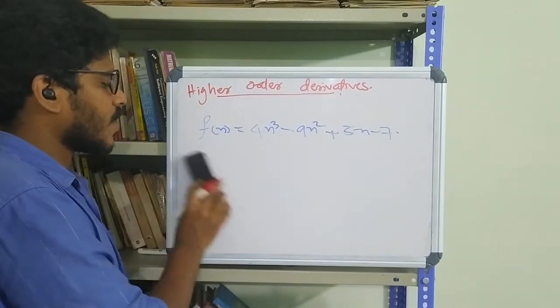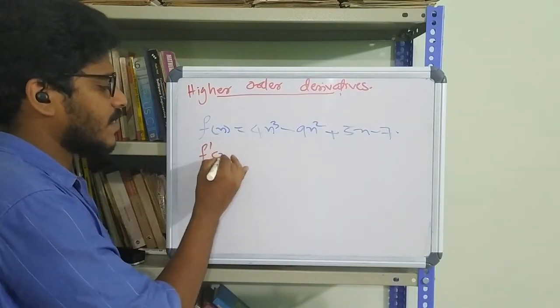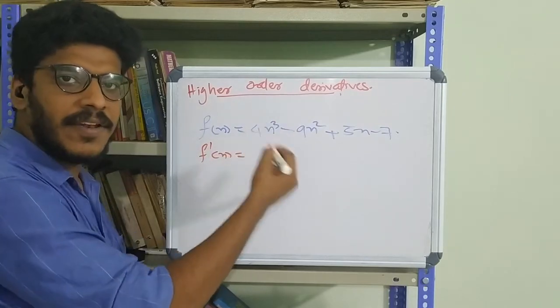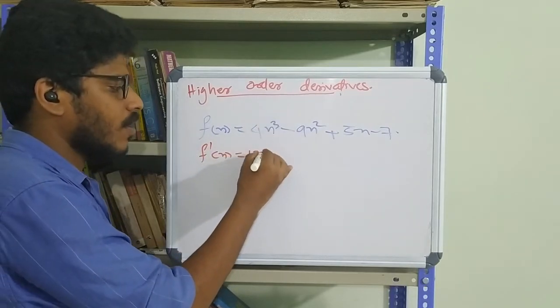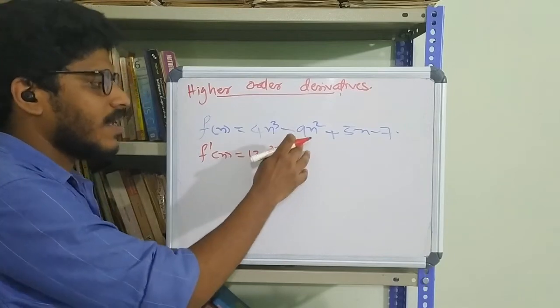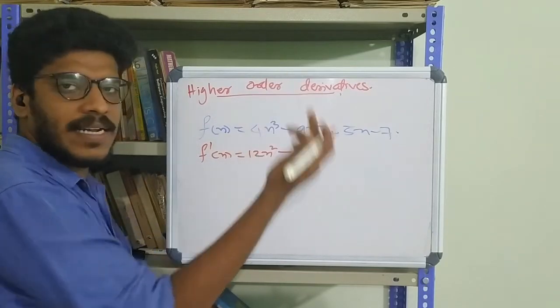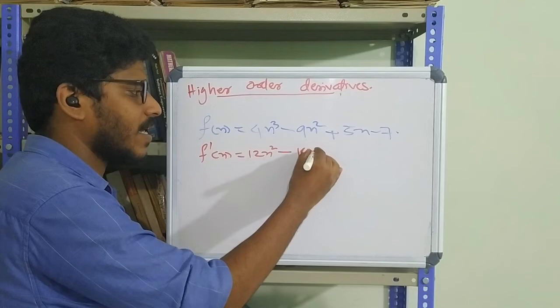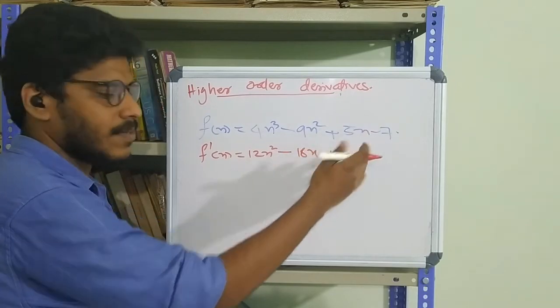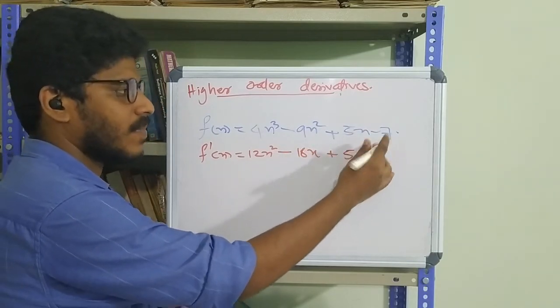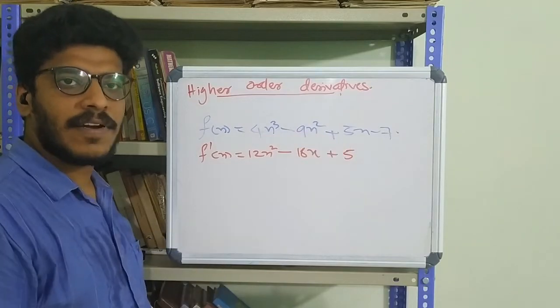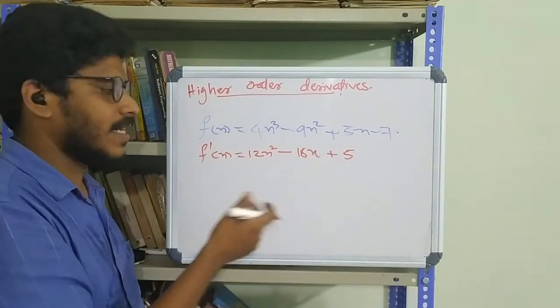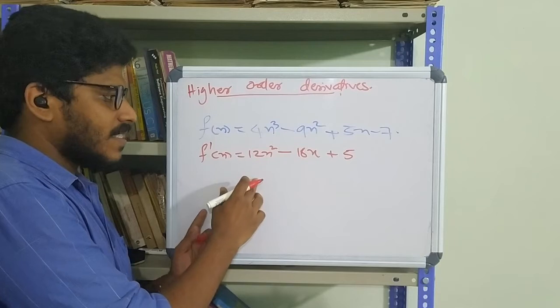So f dash of x equal to 4 into 3 into x square, so it will be 12x square, minus 9 into 2 into x raised to 1, so it will be 18x, plus 5x, the derivative is 5, and minus 7, the derivative of a constant is 0. We need not write it again. So we got the first derivative.